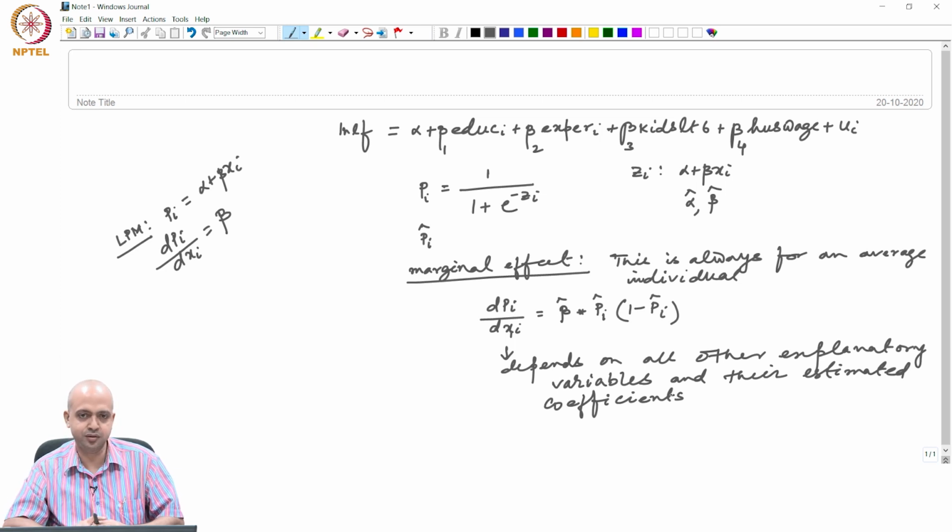Please try to understand what I am saying. When I use the mfx command to get the marginal effect, it is calculated for the average individual. That means the representative married woman whose education, experience, number of kids and husband's wage are all fixed at the sample average.